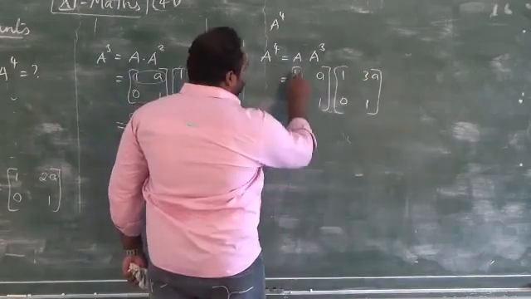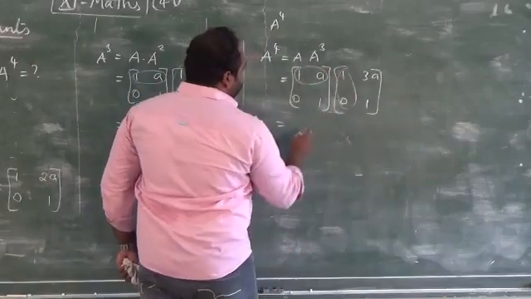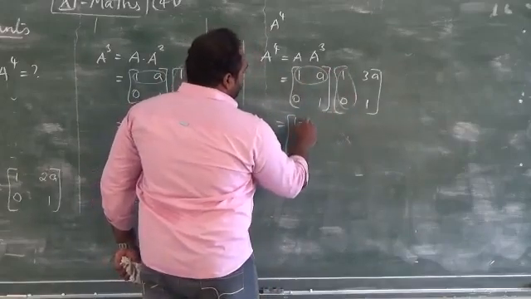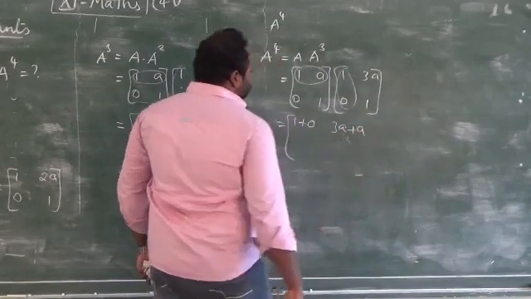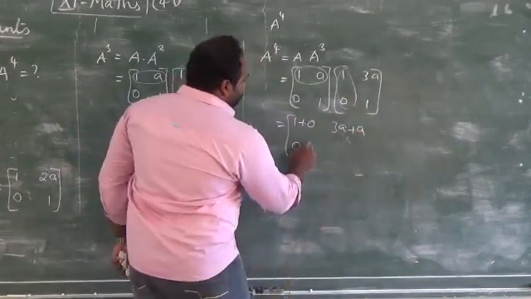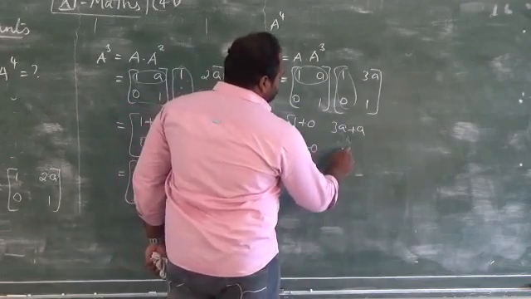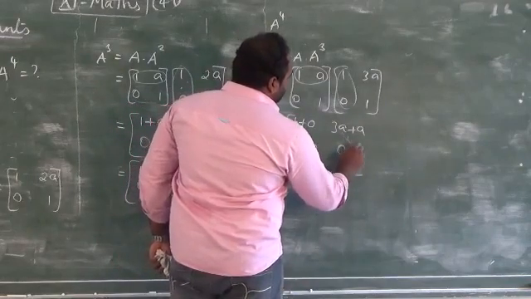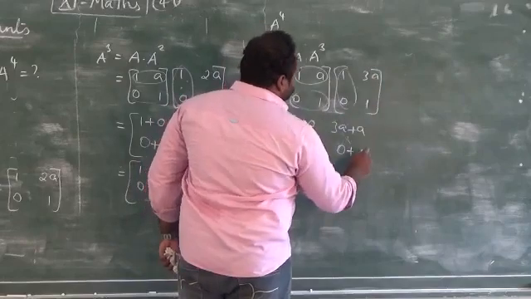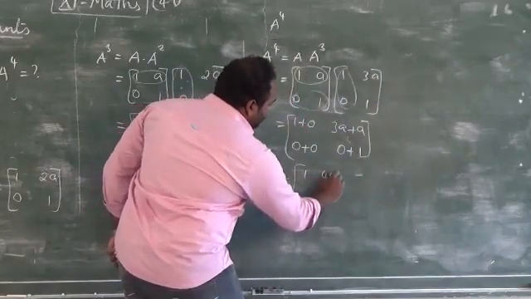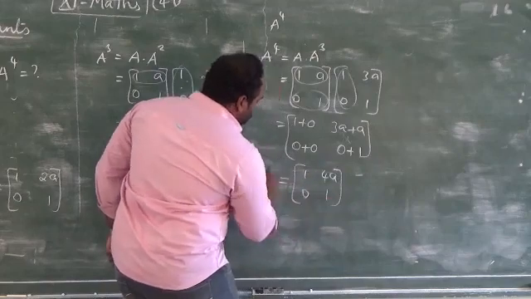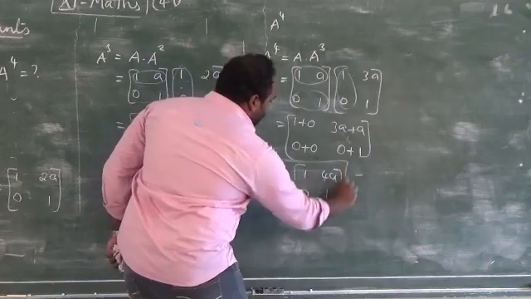Now multiply this row and this column: 1 plus 0, 3a plus a, 0 plus 0 here, 0 plus this row and this column, 0 plus 1. Which is 1, 4a, 0, 1. So this is the A power 4 value.